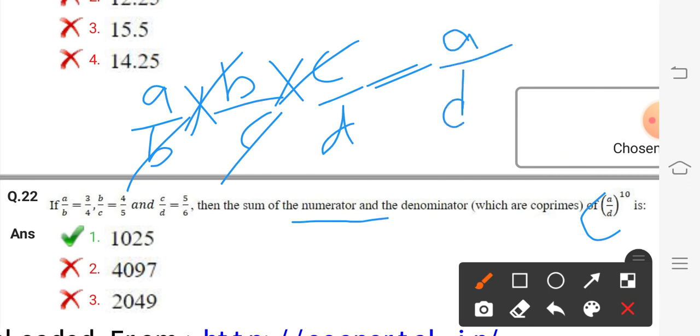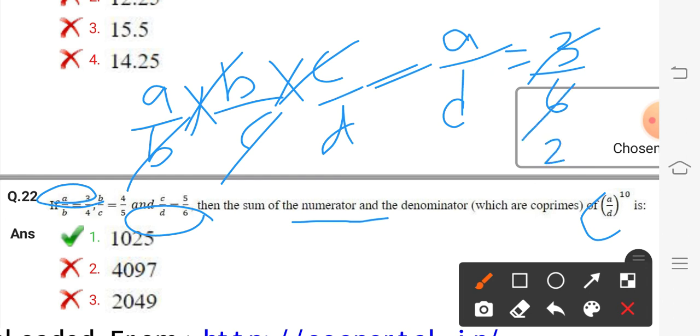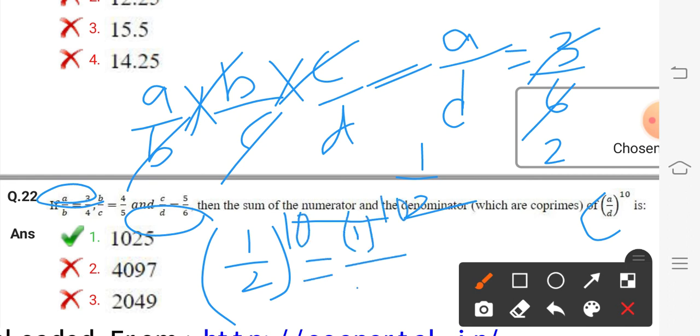That is equal to A by D. Here A is equal to 3, D is equal to 6. So this value is 3 by 6, which is 1 by 2. 1 by 2 to the power of 10 is 1 to the power of 10 by 2 to the power of 10. 1 to the power of 10 is equal to 1. 2 to the power of 10 is equal to 1024.